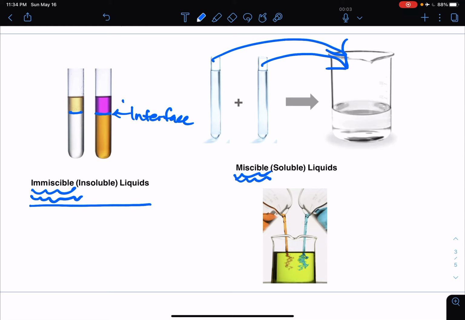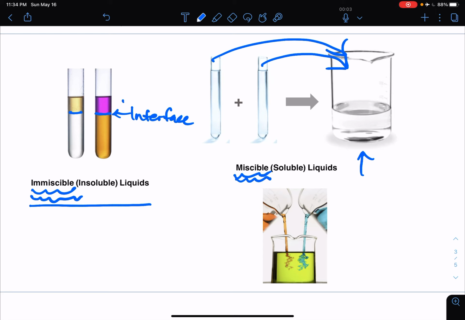You're going to get a solution that is also clear and colorless. But you can see right here that we have one phase. We don't have an interface. You don't see the boundary between one of those liquids and the other liquid. You just see that one phase right there. And what we see is that there is no color there.